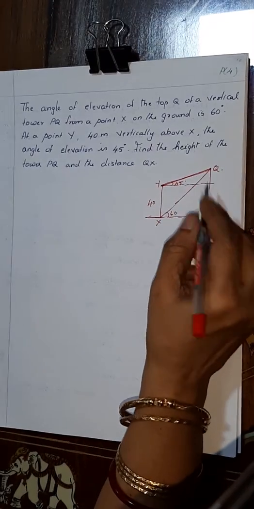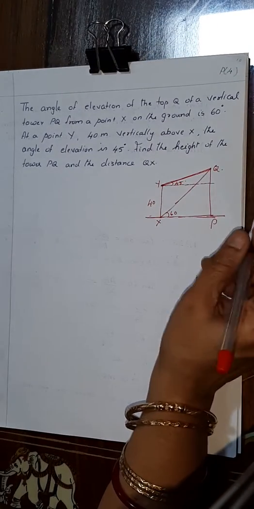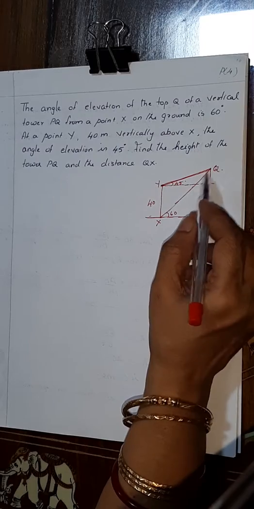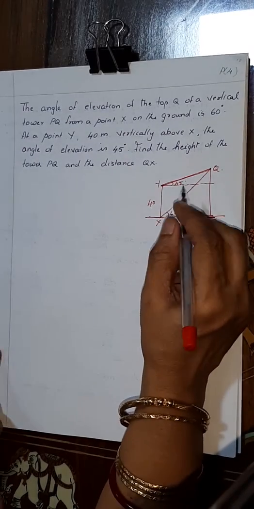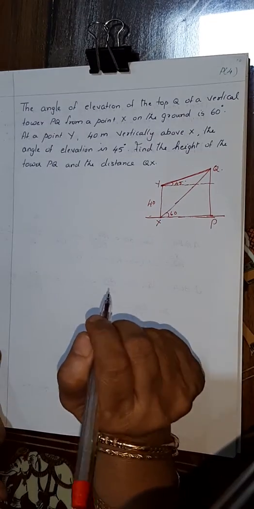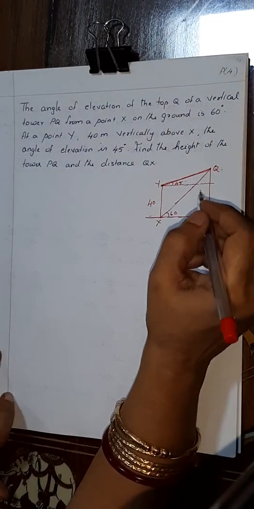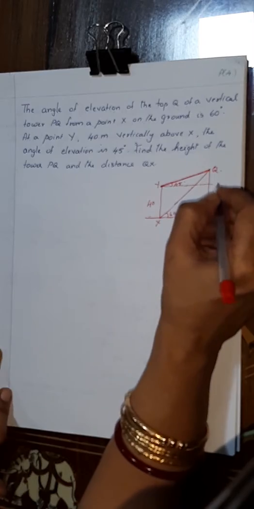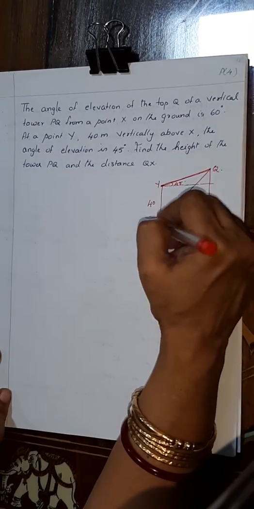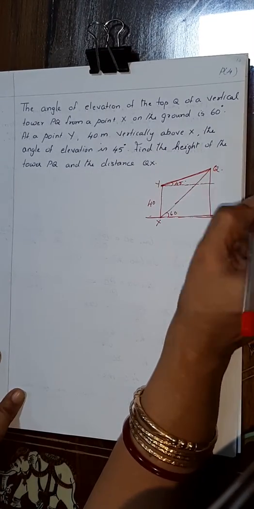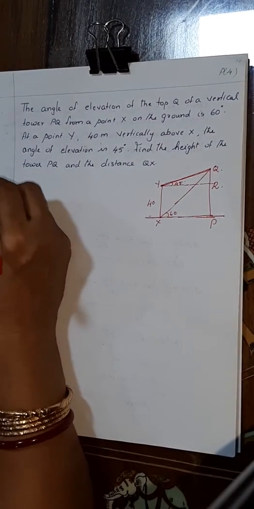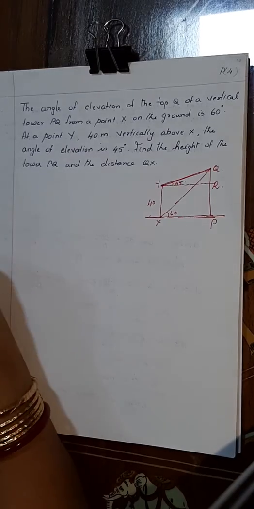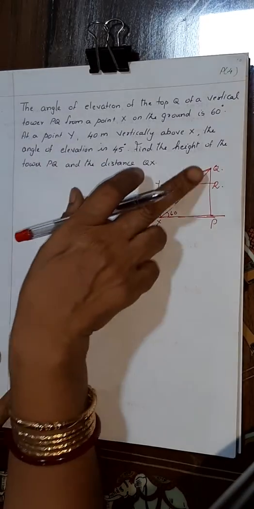Find the height of the tower PQ and the distance QX. Okay, so let these points be P, Q, X, Y, and R. So, find the height of PQ.